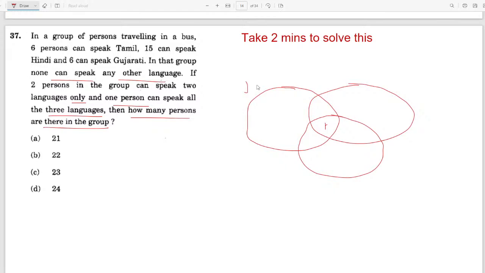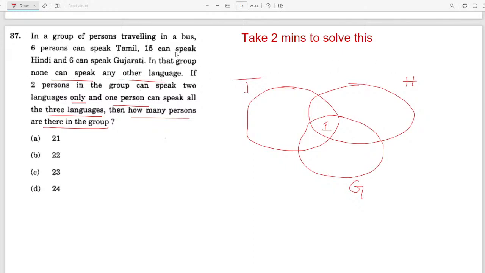This is Tamil, this is Hindi, and this is Gujarati. Tamil, Hindi, and Gujarati, and this is now 1. Only 1 person can speak all the 3 languages, and none can speak any other languages.